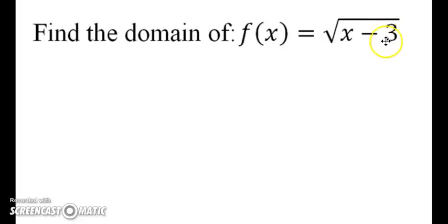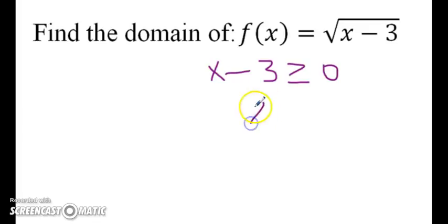So any value of x that makes the radicand negative would be kicked out of the domain. Or we say that the radicand x minus 3, pardon my writing with a mouse, it's a little sloppy, has to be greater than or equal to 0. And with that little bit of algebra, we'll say that x must be greater than or equal to 3.